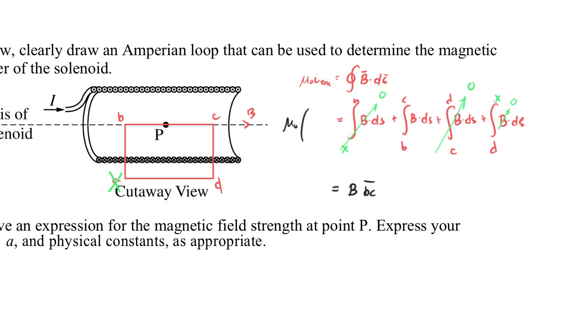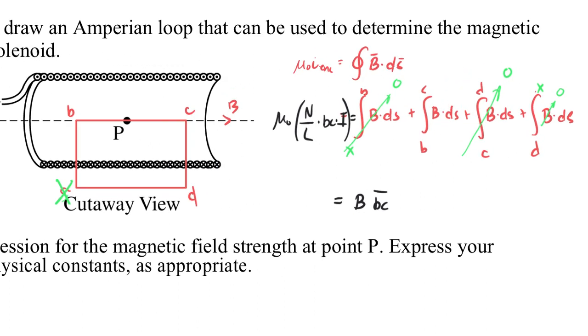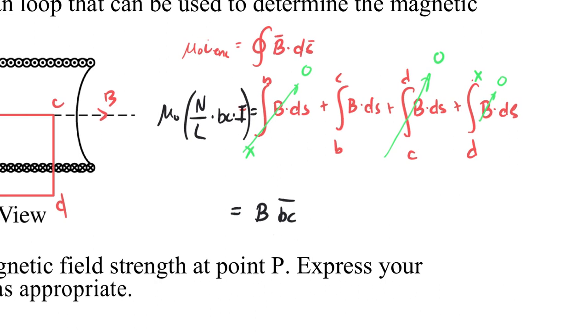Well, we don't know the number of loops, but we know the number of loops per unit length. We can multiply by the length and then multiply by the current. Sorry, that's kind of a mess. But we need to know how much current is enclosed. So number of loops per unit length and the length of the line BC gives us the actual number of loops contained in my Amperian loop.